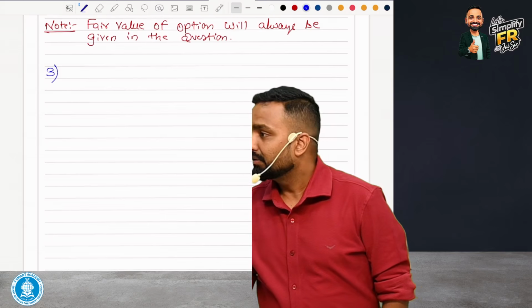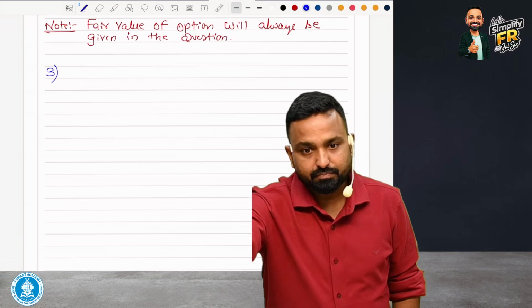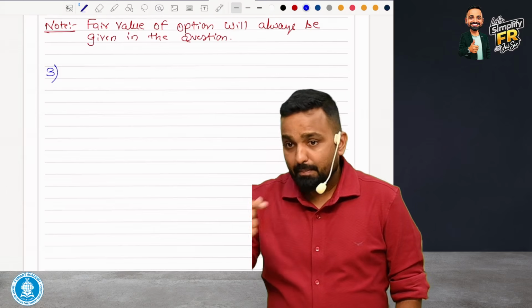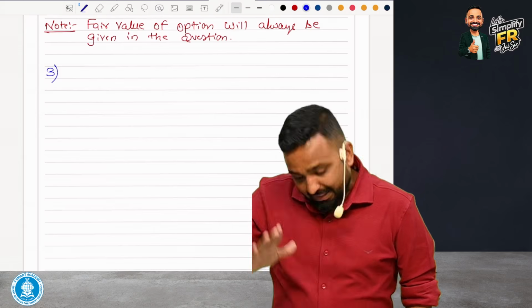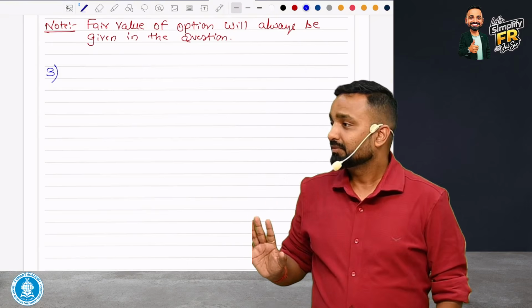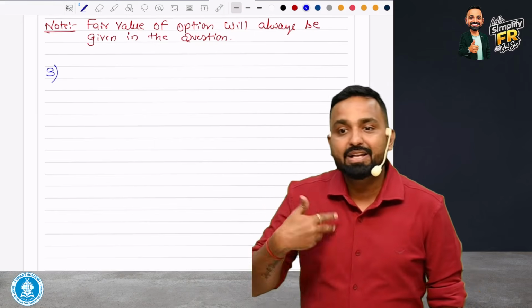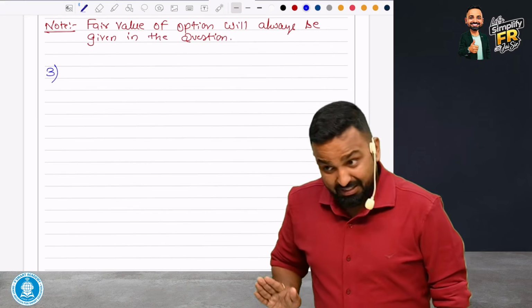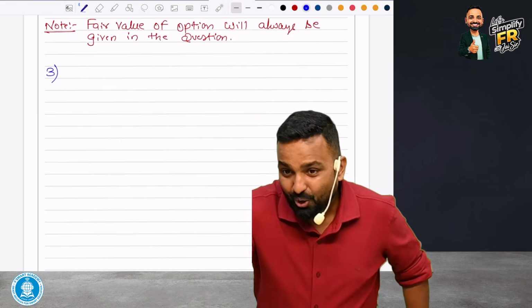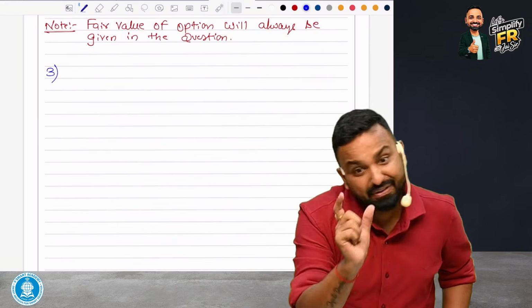Either I will give you cash, liability. Second situation, I will give you my company's own equity shares, but that will cover the value of 5 lakh rupees. Guys, it's still a liability. Even though I am making payment in the form of shares, it is still a liability. Why? Obligation is fixed. Whatever I am going to settle, it is a fixed settlement.